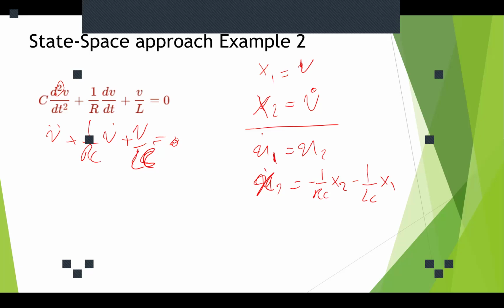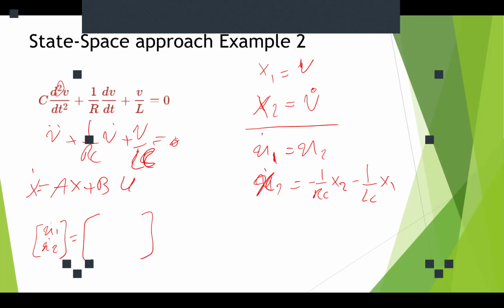Are we good? Now, let's represent that as x dot equal to Ax plus Bu. Our x dot vector is going to be the differential of our state variables.